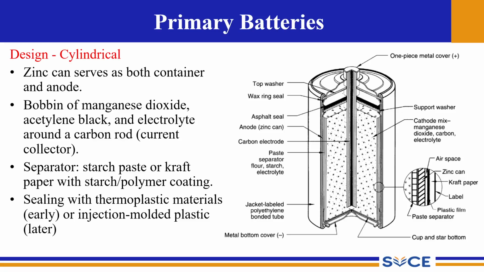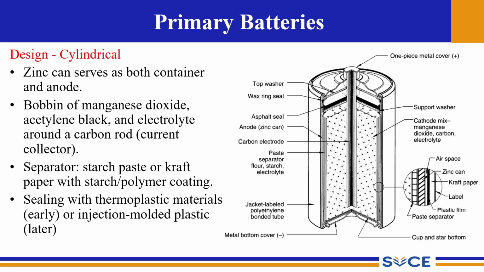Inside this zinc can, you will find a bobbin at the heart of the cell. This bobbin is a compressed mixture of manganese dioxide, acetylene black, and electrolyte, which typically is ammonium chloride or zinc chloride solution. The acetylene black plays a crucial role in improving the low electrical conductivity of manganese dioxide and also helps in retaining the electrolyte solution.